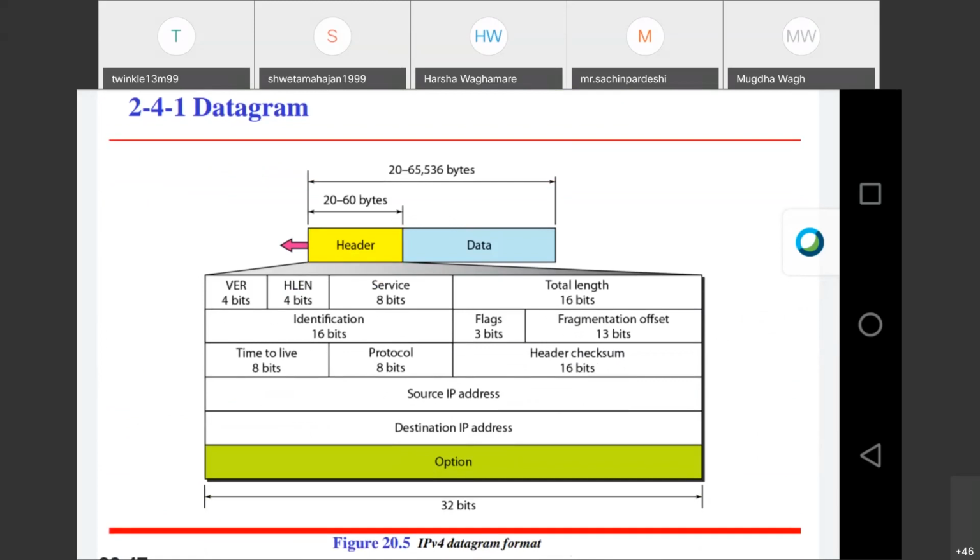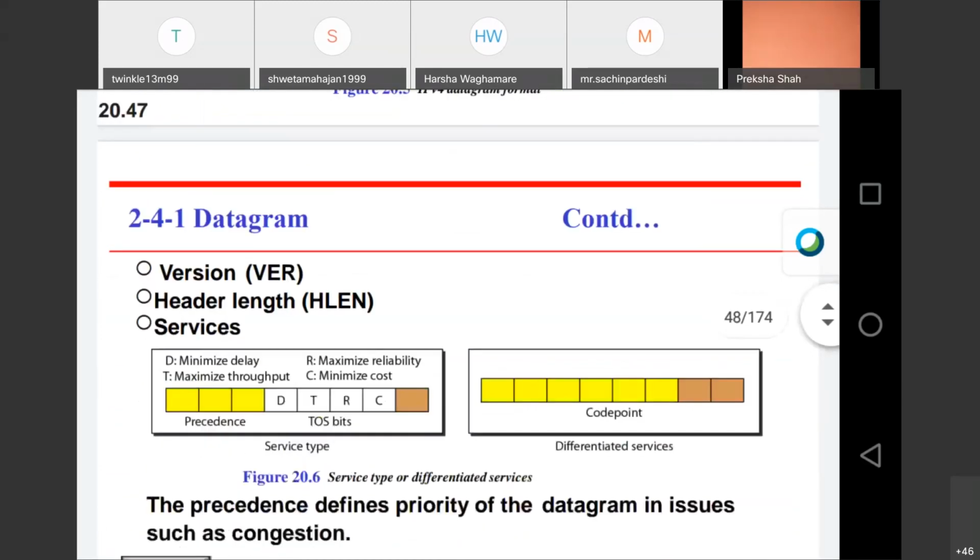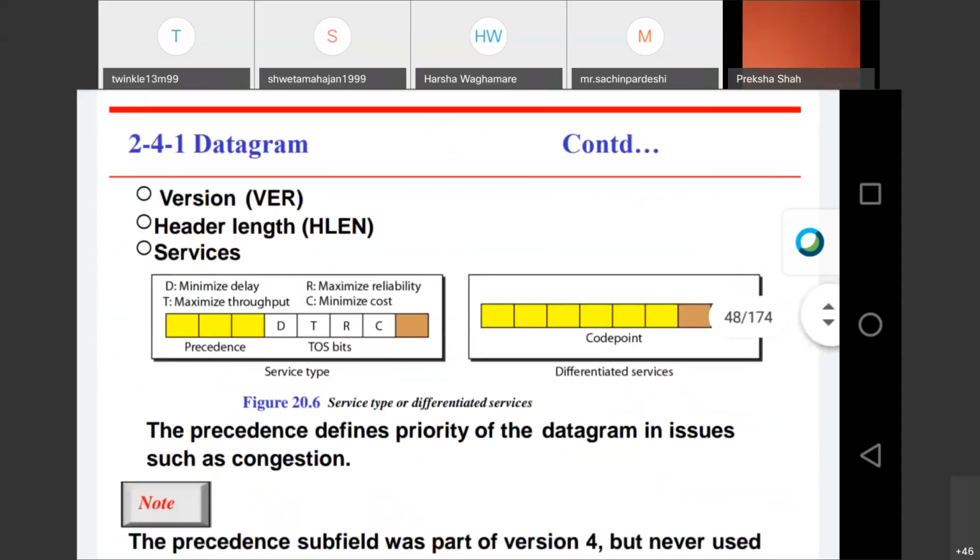The next 8 bits define the service. In the IPv4 protocol, the first is type of service, and the second one is differentiated service. So here there are 8 bits.